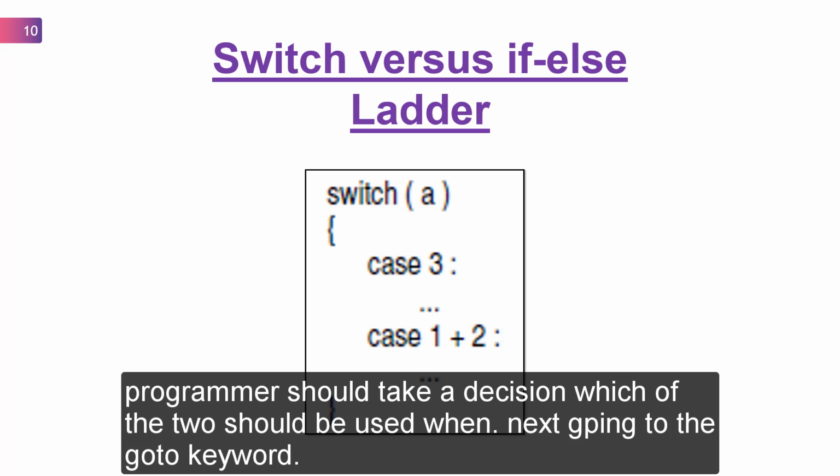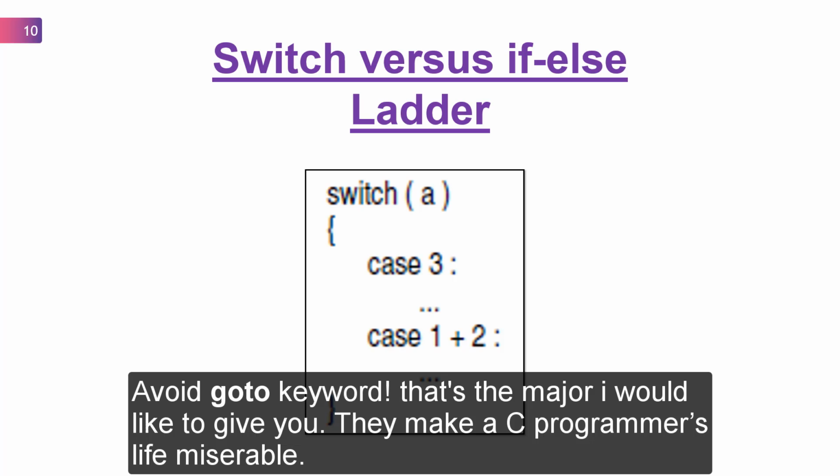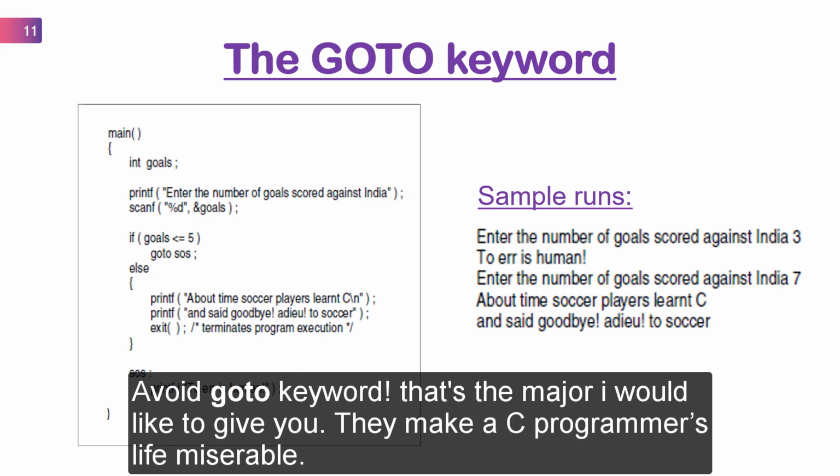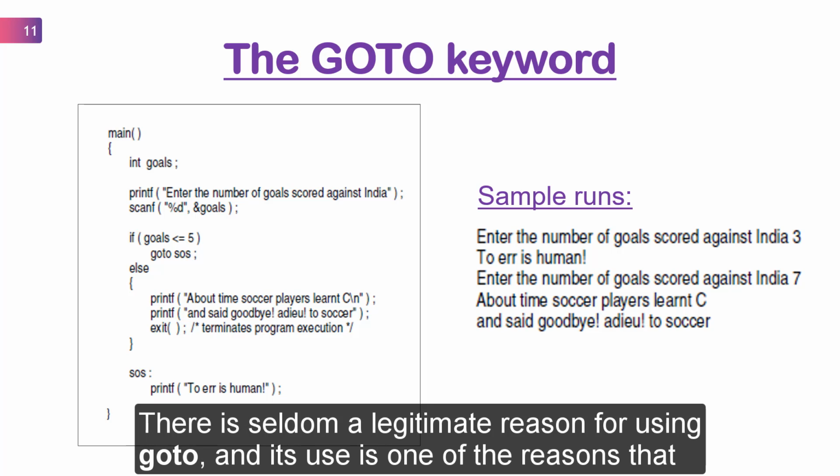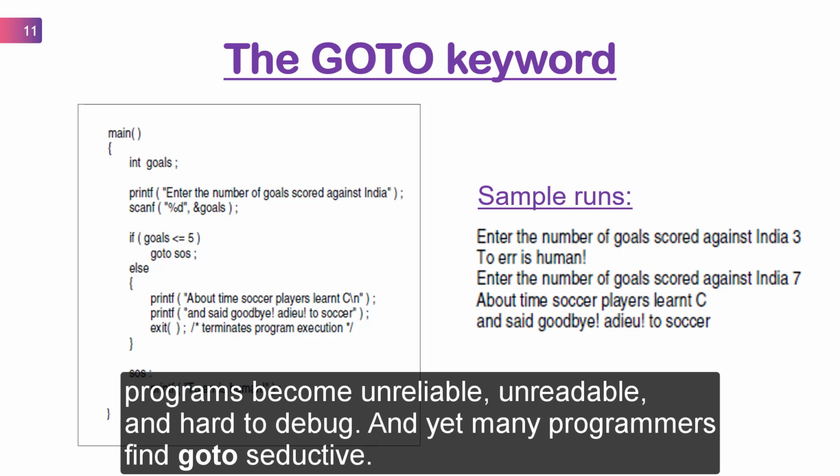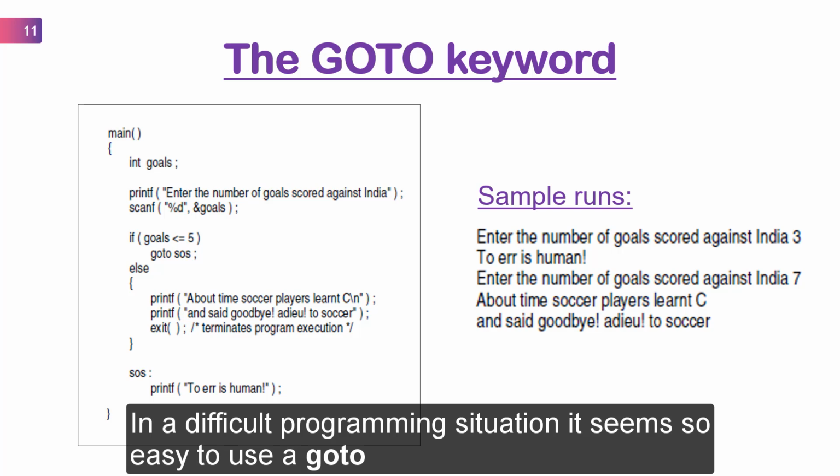Next, going to the goto keyword. Avoid goto keyword. That's the major advice that I would like to give you. They make a C programmer's life miserable. There is seldom a legitimate reason for using goto, and its use is one of the reasons that programs become unreliable, unreadable, and hard to debug, and yet many programmers find goto seductive.